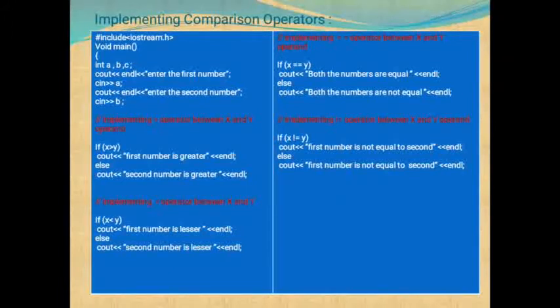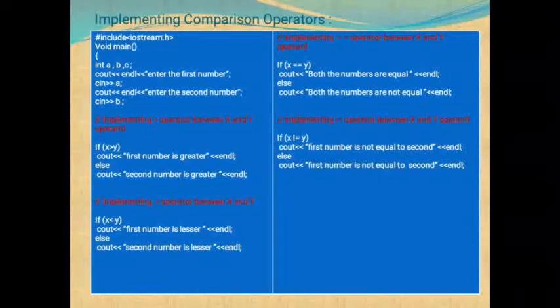Equal to operator returns true if two values are equal, else returns false. Not equal to operator returns true if the values are not equal, otherwise it is false. Greater than: if the left operand is greater than the right operand, then it's true, otherwise it is false. Less than: if the left operand is less than the right, then it is true, otherwise false.